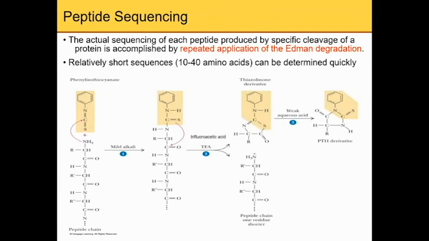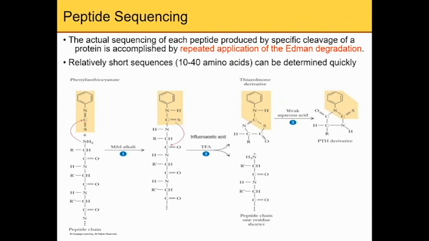So in the Edman method, in the first step, you use phenyl isothiocyanate and combine it with the N-terminus of the peptide under mild alkaline conditions, so that they can form the phenylthiocarbamoyl substitution.